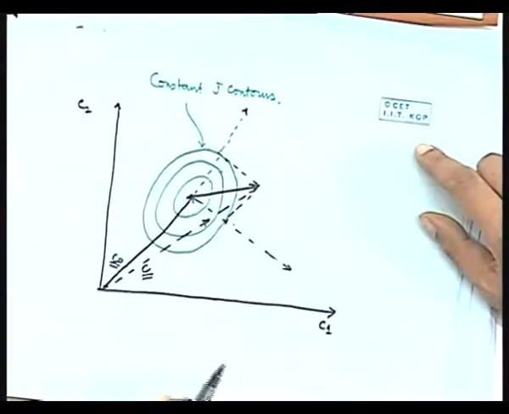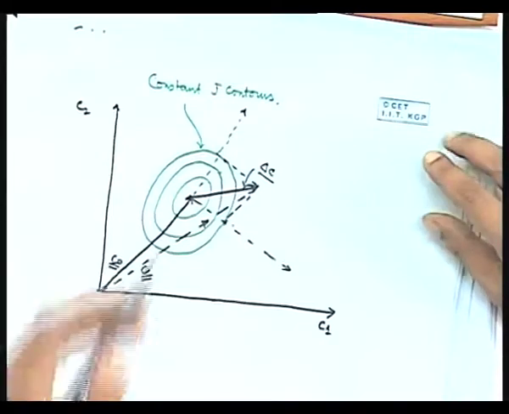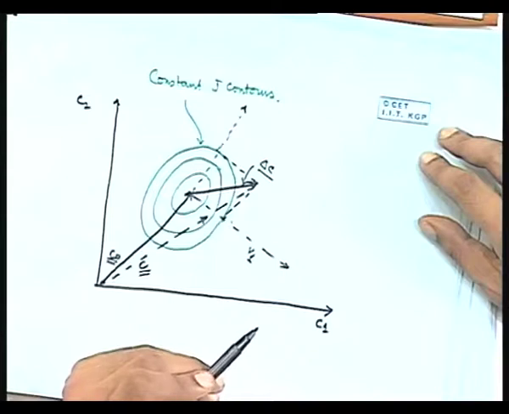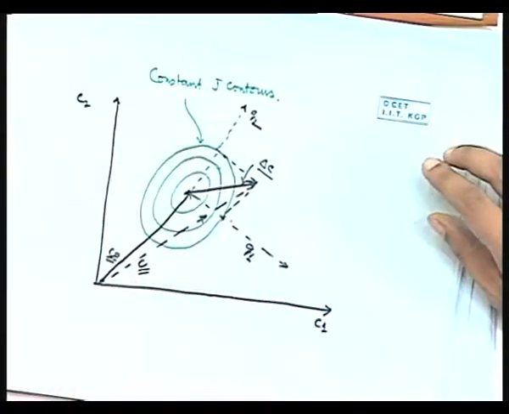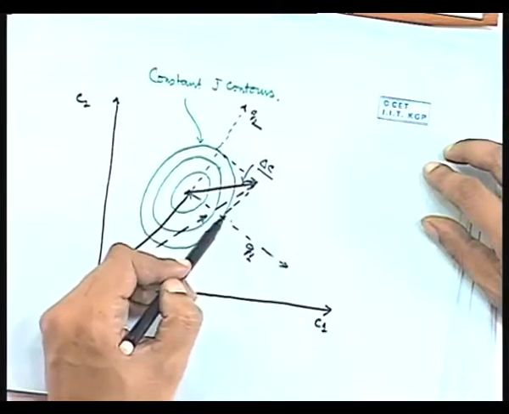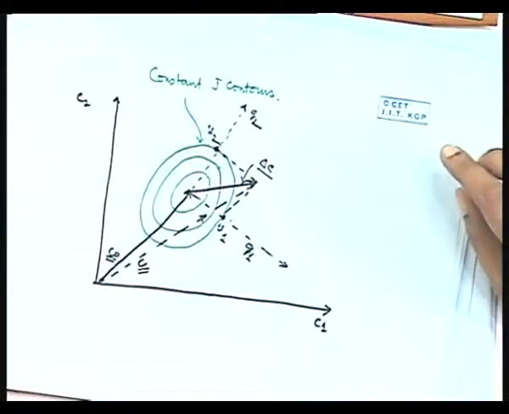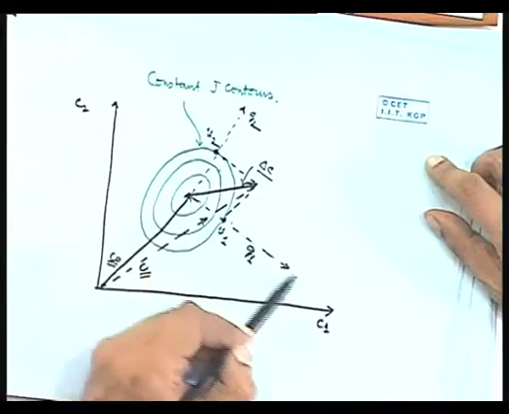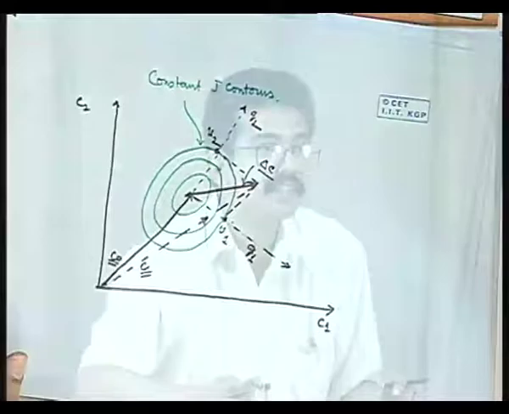Now if I choose some other weight C, this vector is my delta C. Suppose this is one eigenvector q1, and this is the other eigenvector q2. If I project this vector, this will be my v1 and this will be my v2. That is, I am expressing this vector in terms of these orthogonal coordinate systems.